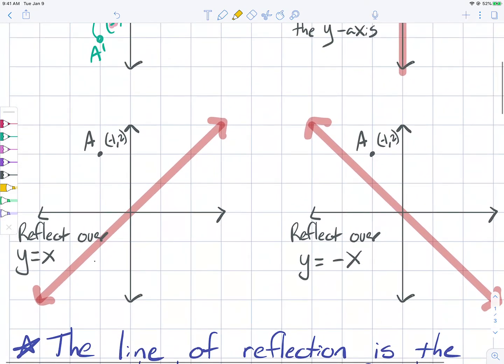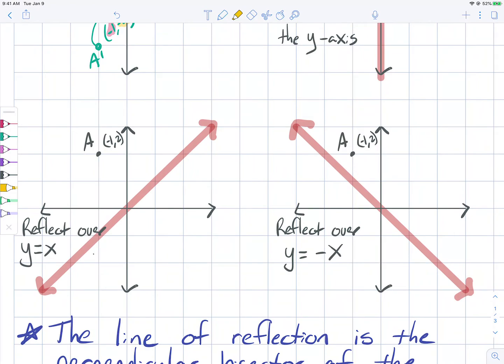So if we were to reflect it over a line, we're going to reflect over two specific lines, y equals x and y equals -x. Now the way this works is you need to go straight from your point to the line. So you're making essentially a perpendicular line. Now, if you look at what I went across, I went a diagonal of one box and half a diagonal of another.